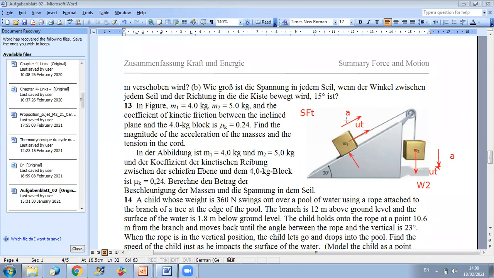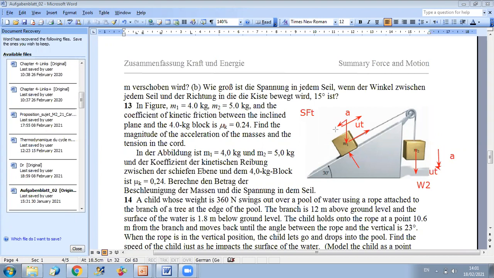We have the weight of M1. Now for the weight of M1, we need to project it on UT. It's a negative projection because it's downward. And you know that the angle here is 30 and this is 60. So we either do W cosine 60 to project on UT or W sine 30.